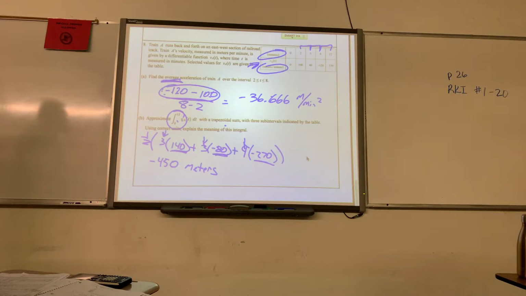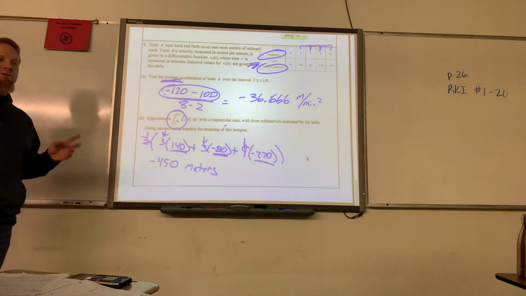Roshan? The approximation for how much distance the train traveled from 2 minutes to 12 minutes. You're close. We have to be a little bit more specific than what you said.